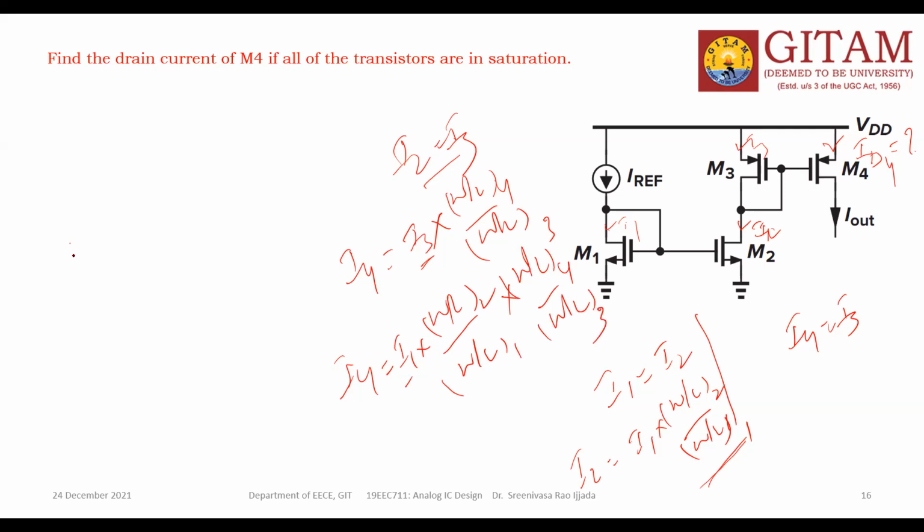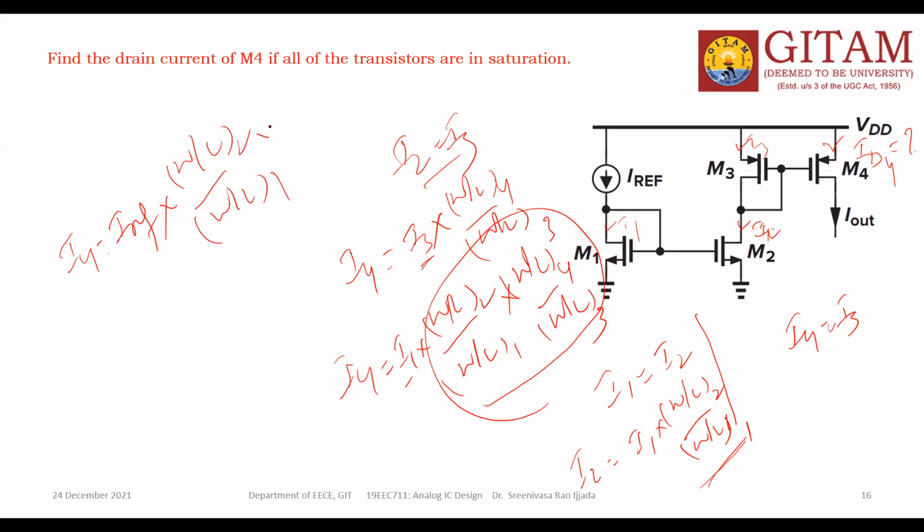So I4 is equal to I reference multiplied with W by L of 2 by 1, and W by L of 4 by W by L of 3. Am I correct? This is the way you can find the current with the M4 transistor. Got my point or not? Okay.